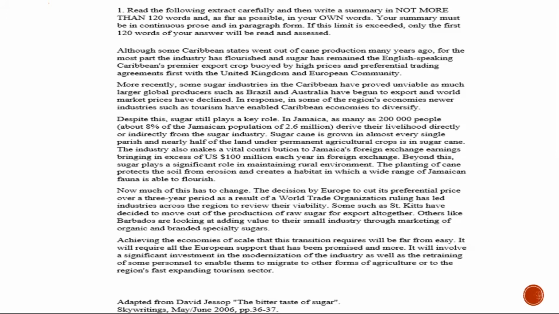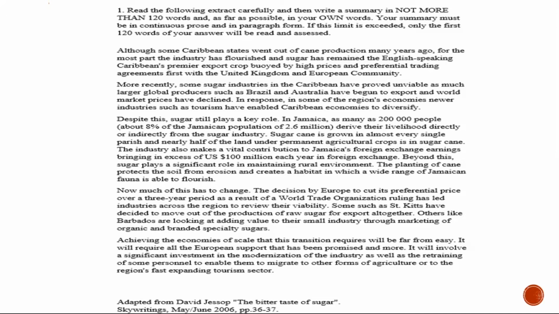Now, much of this has to change. The decision by Europe to cut its preferential price over a 3-year period as a result of a World Trade Organization ruling has led industries across the region to review their viability. Some, such as St. Kitts, have decided to move out of the production of raw sugar for export altogether. Others, like Barbados, are looking at adding value to their small industry through marketing of organic and branded specialty sugars.